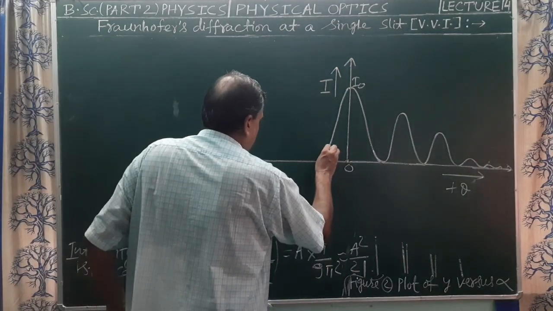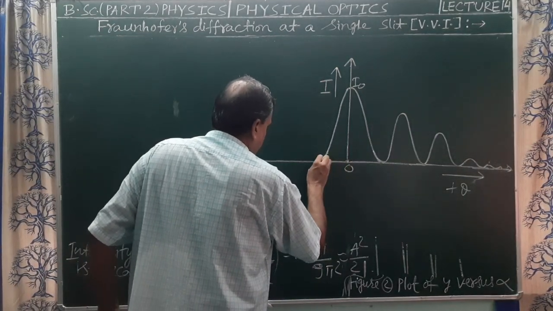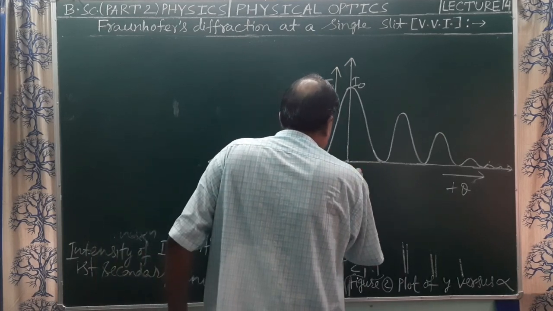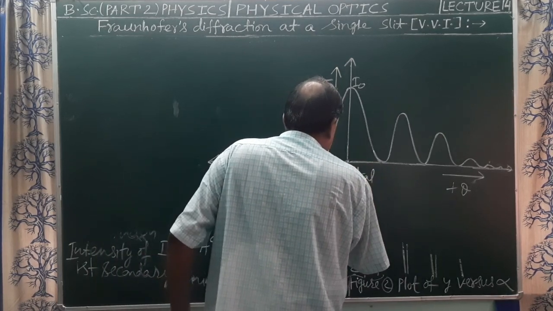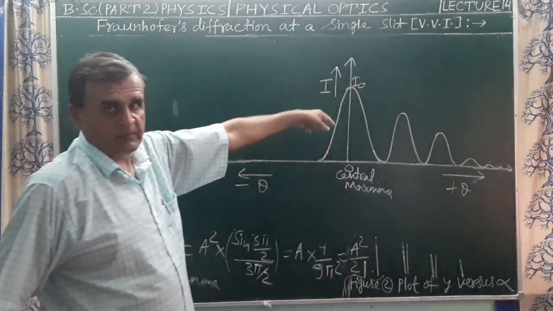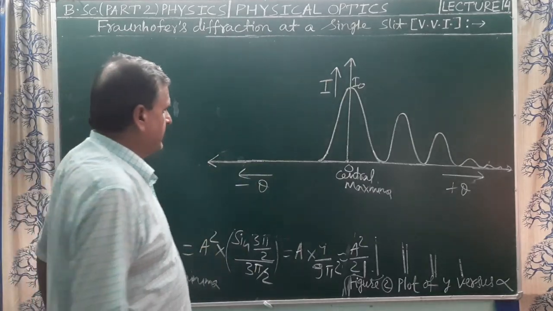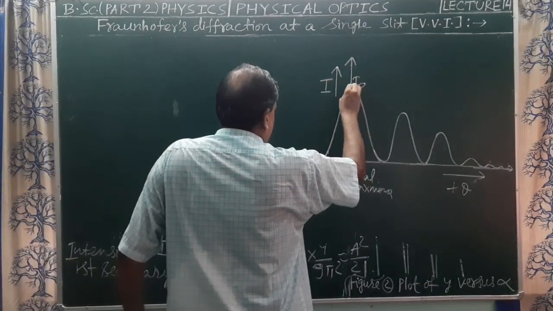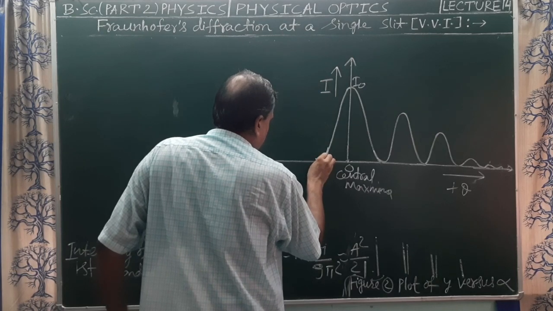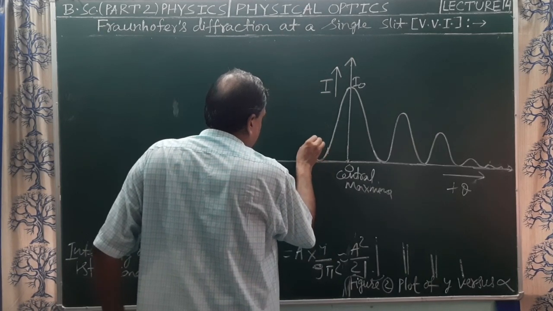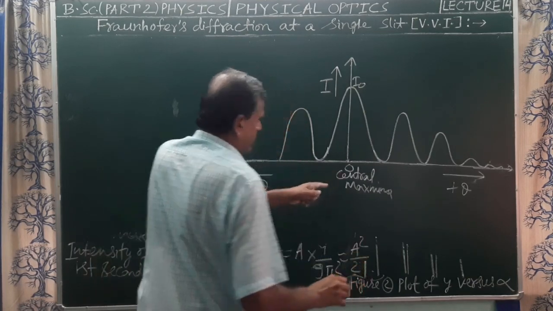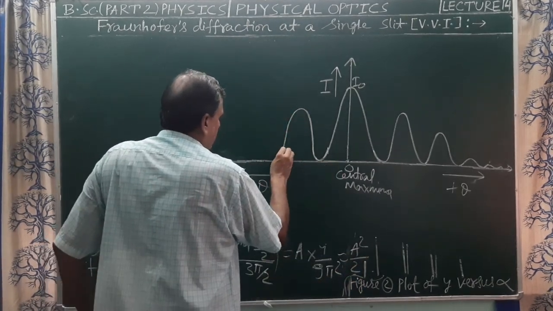So on the left side of the center, O is the position of central maxima where intensity of light is maximum, which is represented in this graph. This is the position of first subsidiary minima, or first secondary minima, on the left side of the center of the screen also.